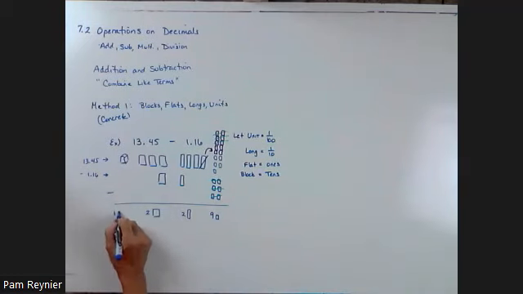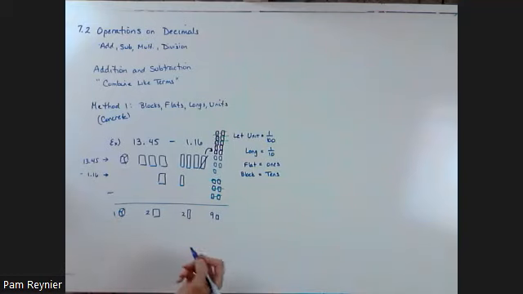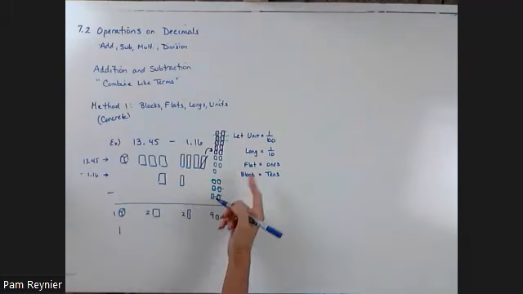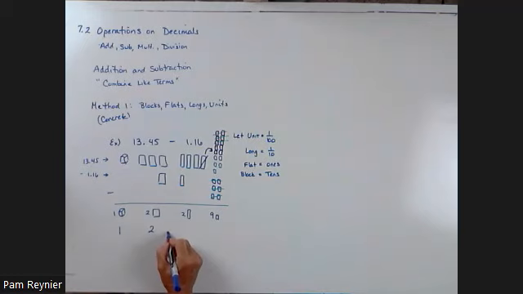I have 1 block. A block is worth 10. A flat is worth 1. And 2/10 and 9 hundredths. So I get a final difference of 12 and 29 hundredths.